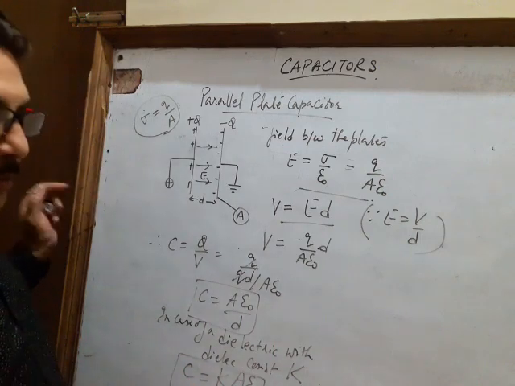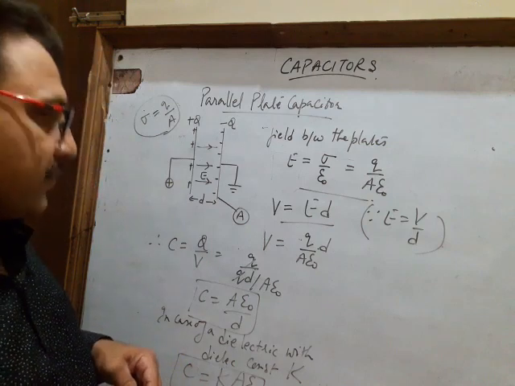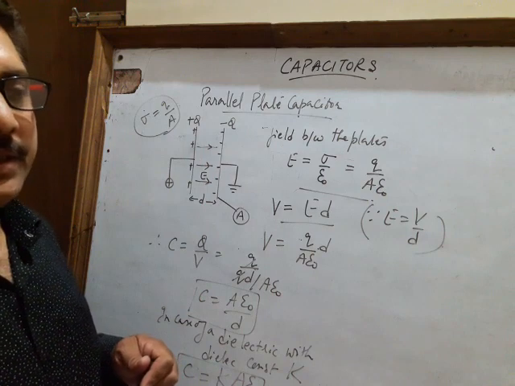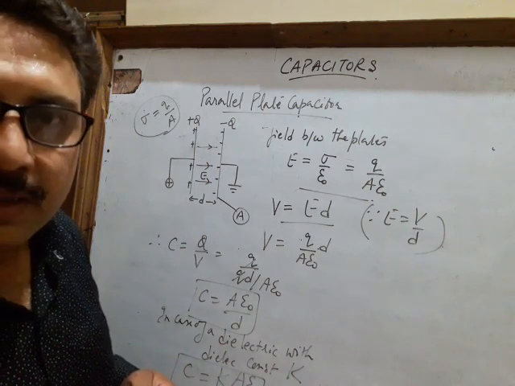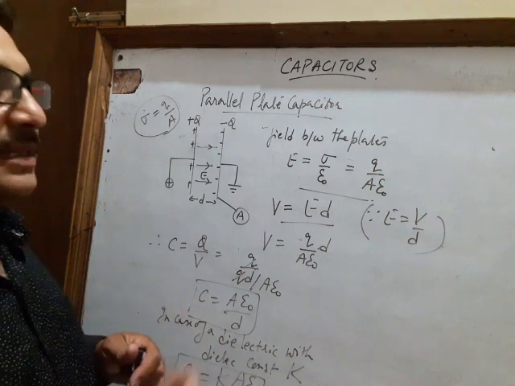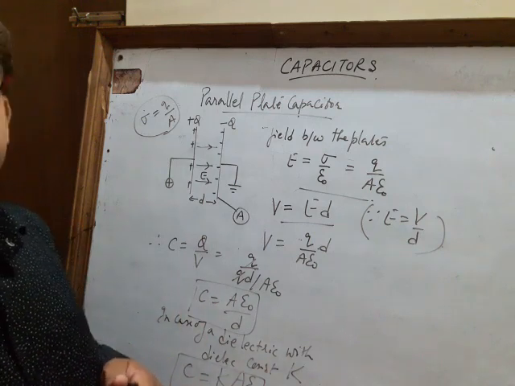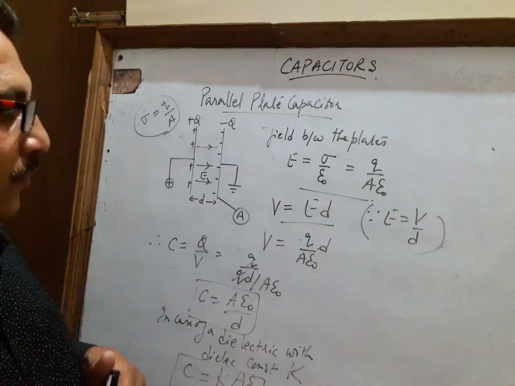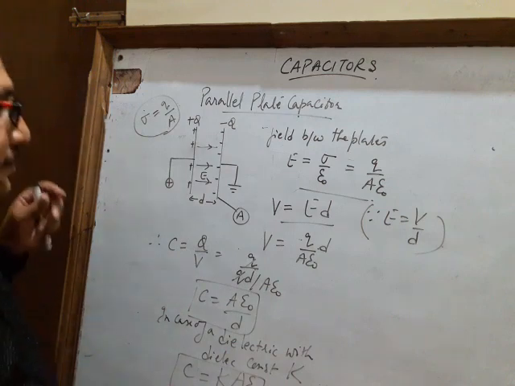This is the complete formula for capacitance of a parallel plate capacitor. It means if you fill the space between the plates with some dielectric material whose dielectric constant is K, then the capacitance increases K times. So students, this is the capacitance of a parallel plate capacitor. I hope you all have understood.